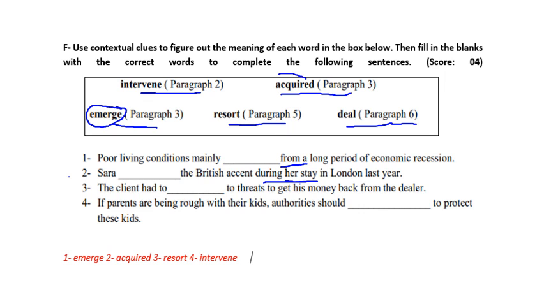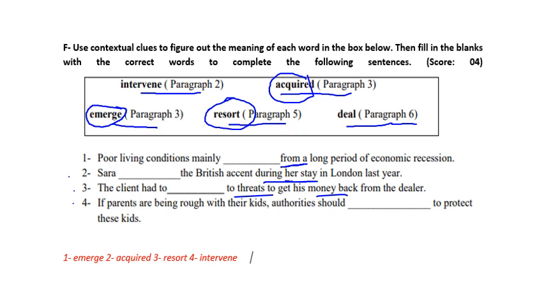Sarah acquired, meaning got. Number three, the client or the customer had to resort to threats to get his money back from the dealer, had to resort, go back to, okay? This is a solution, resorting to something, it means finding a solution in it.